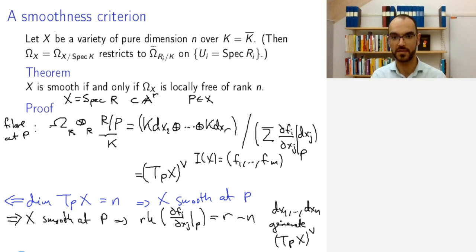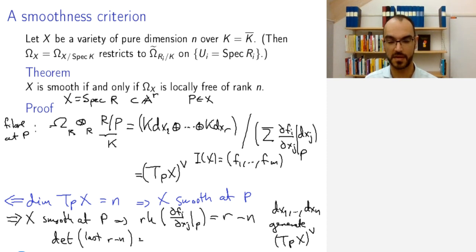So what I'm doing here is I am saying that since the rank is r minus n, I can assume without loss of generality that it is the first n that span the tangent space, or if you wish, that the bottom right r minus n part of the matrix has determinant different from 0. So the determinant of the last r minus n rows and columns is not 0. But this condition is open.